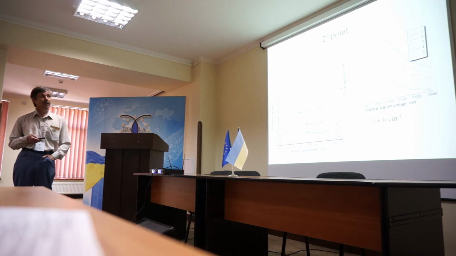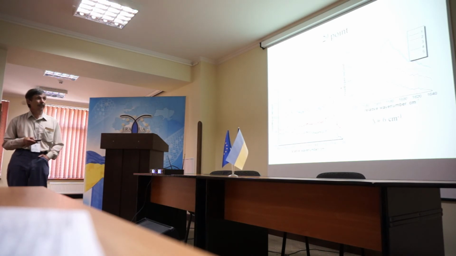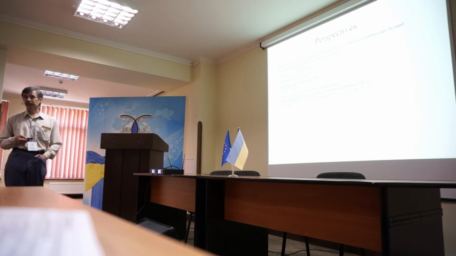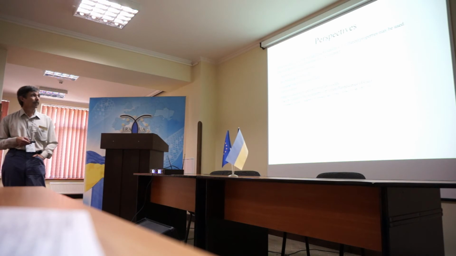The only thing we can claim is that we have absolutely reproducible spectra at one point, and spectra are different between different, macroscopically absolutely identical points of freshly prepared gold. So it was a demonstration that our tip covered by thiophenol is sensitive just to the local environment.